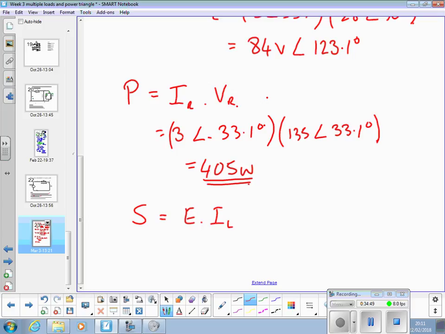And again, the angles aren't really that significant. We can say that's 3. They aren't significant. Times 159. 477 VA. Yep.